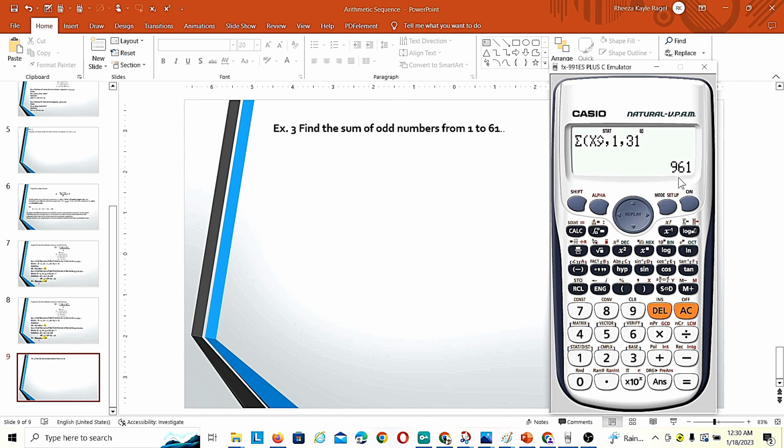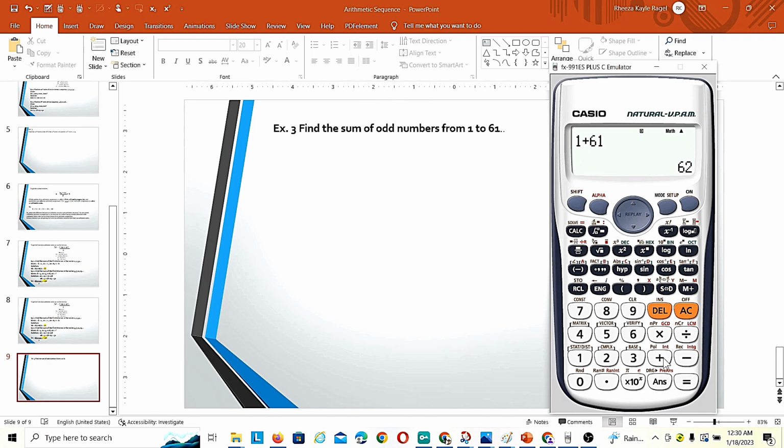Let us try if that is correct. Let us try to use the long method. Let us go to computation. So it will be n times a1 plus an, all over 2. a1 plus an is 1 plus 61, times n.